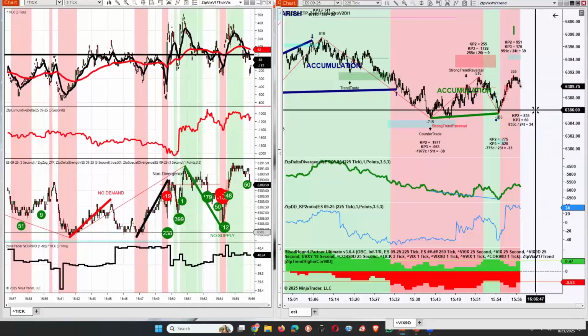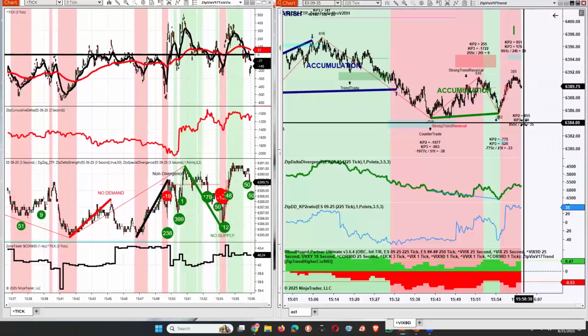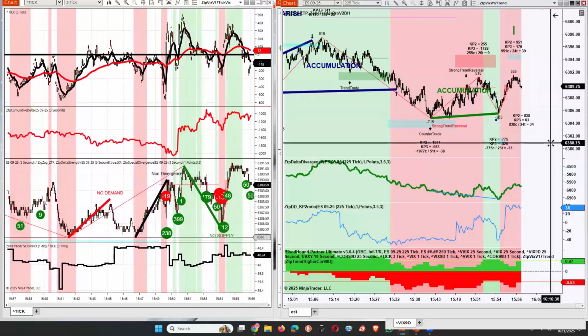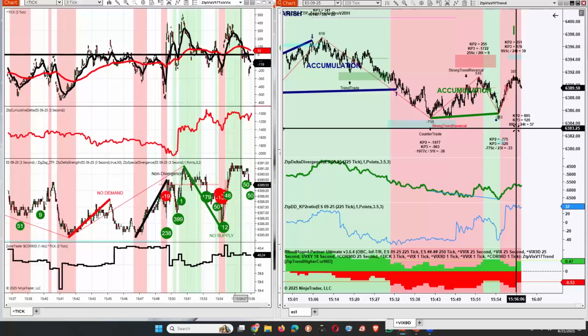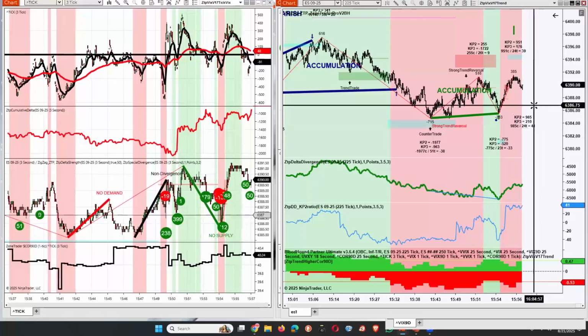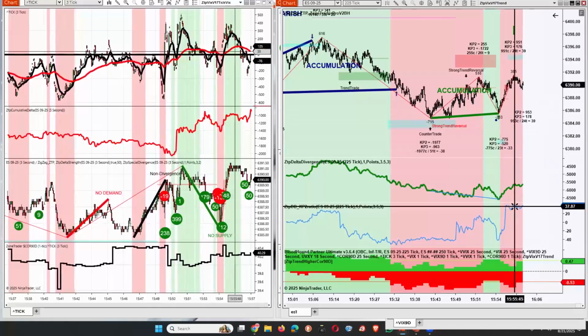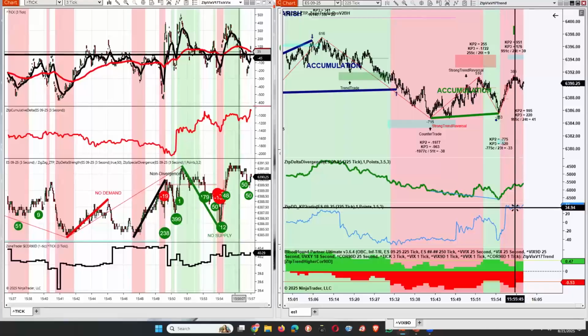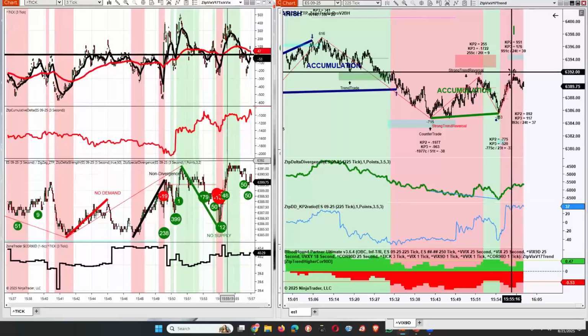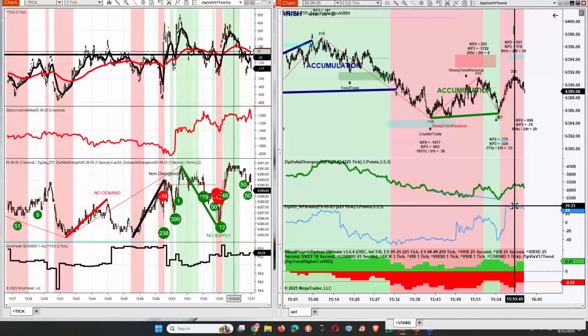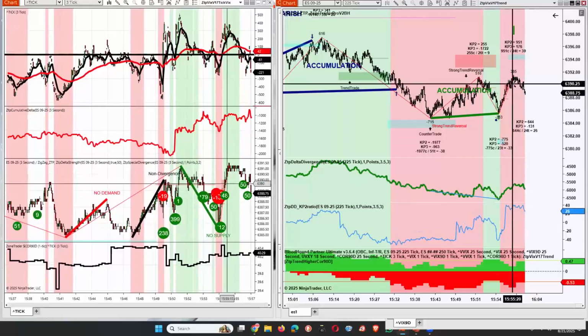Now down here, these are the numbers that are live, and they'll stay live until the market closes in 15 minutes. But the KP2 ratio is also bar by bar. So this is what becomes really super important.